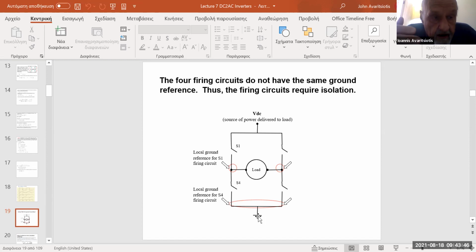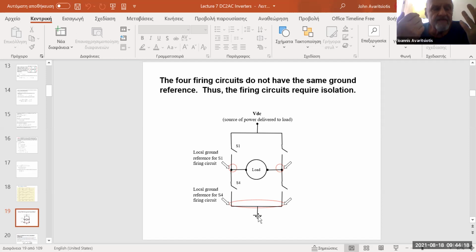So the pulse, in reference to the ground, which has to be applied now on the base of this bipolar junction transistor, must take into consideration that the emitter is at 50 volts.